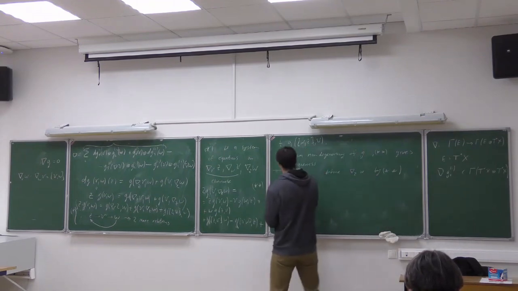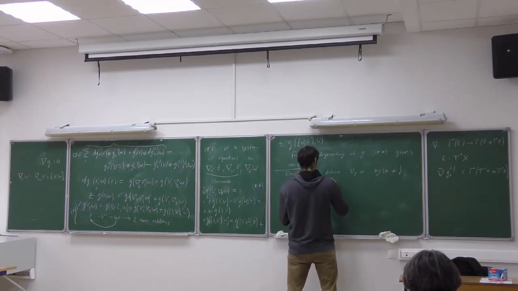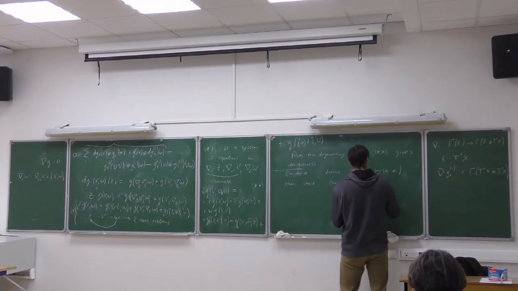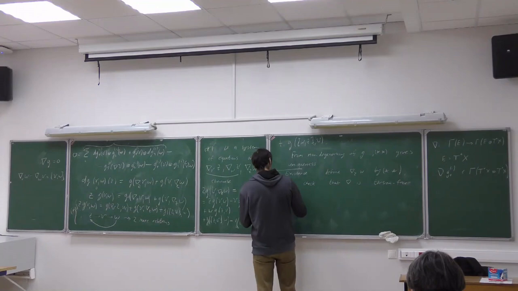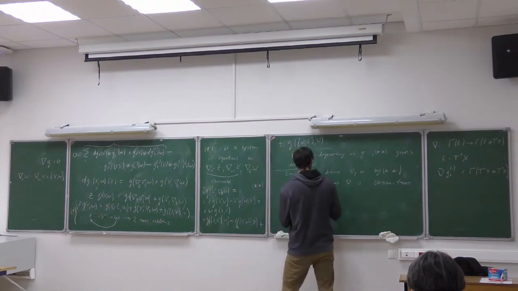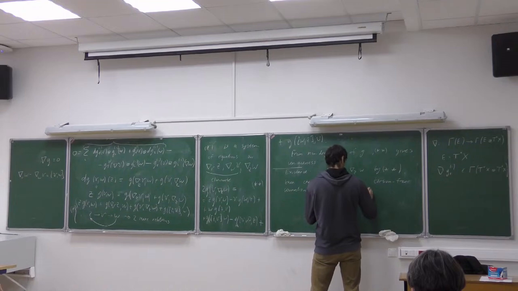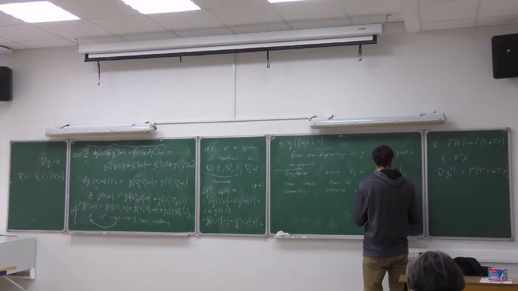Then check that nabla is a connection, so a torsion-free connection, and reverse the computations to get that nabla G is 0.